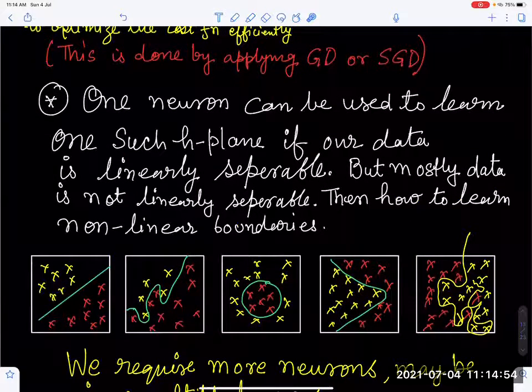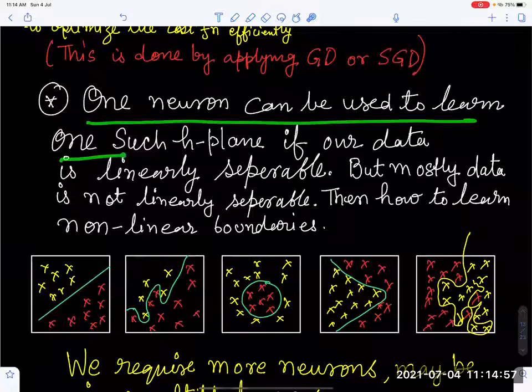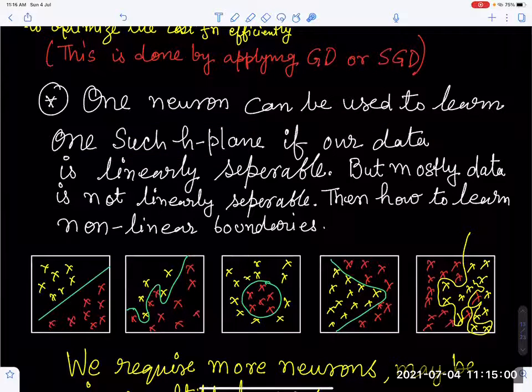But one can see that one neuron can be used to learn one such hyperplane if our data is linearly separable. That is the perceptron algorithm, and it has been proved that if your points are linearly separable, which means that if you have asked very good questions and got these points well separated, then a very simple function, essentially a linear function, can separate both of them very easily.